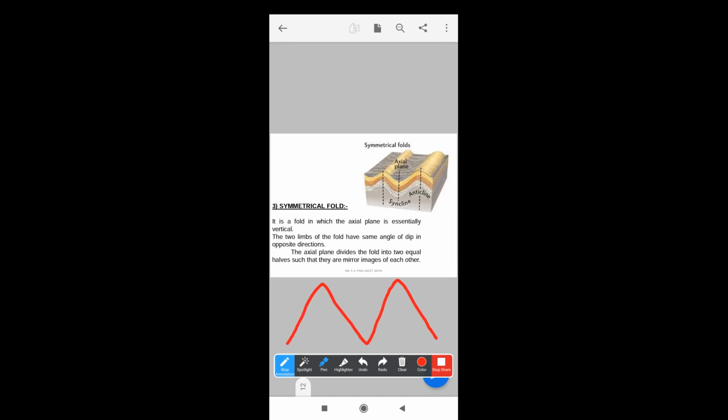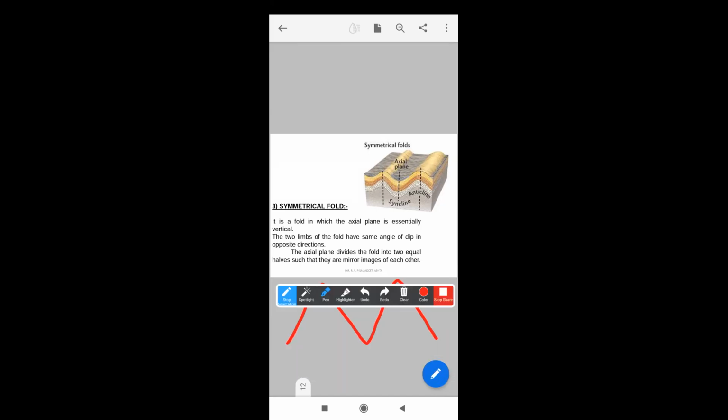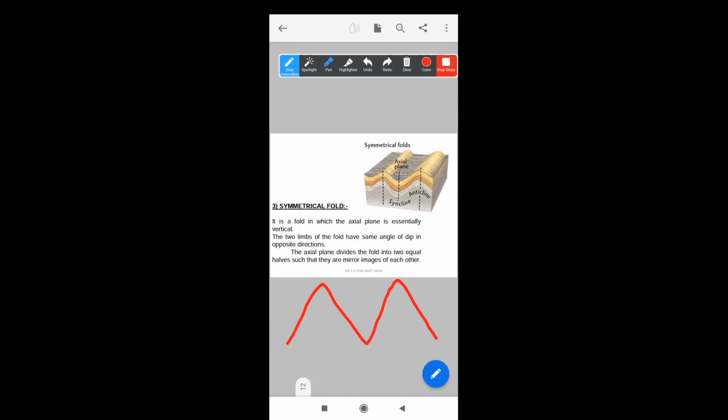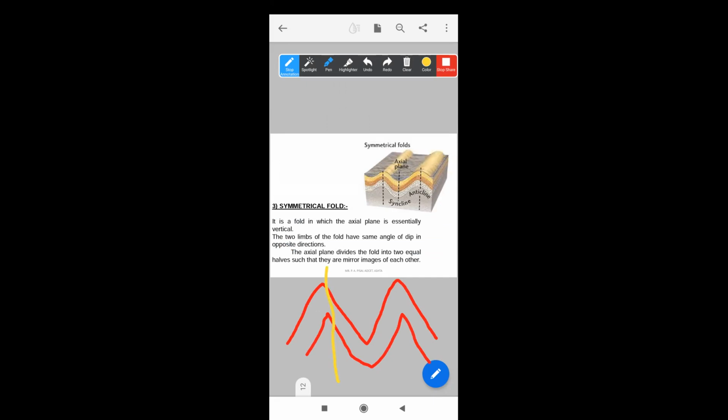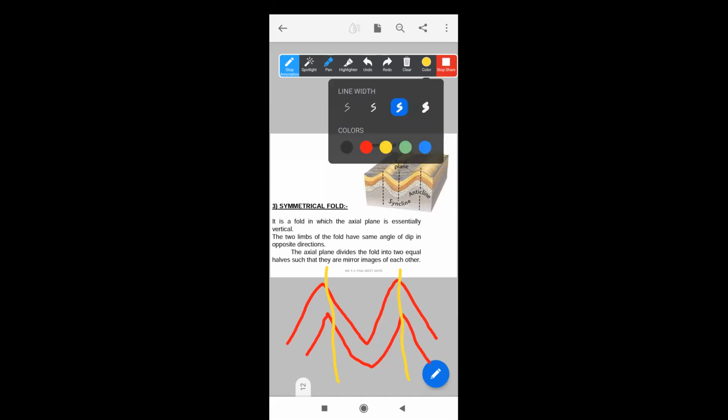Okay, these are the folded rocks here. Now here, what I have told about the symmetrical fold. Suppose this is the axial plane which I have marked in the yellow color. This axial plane is always vertical and the dip direction is away from each other, opposite direction.